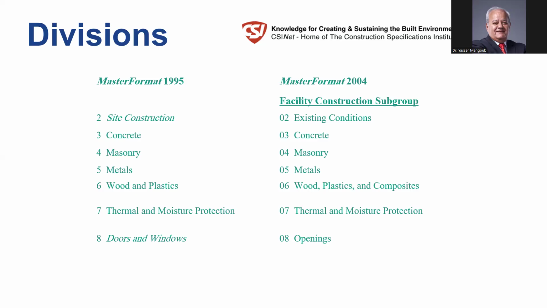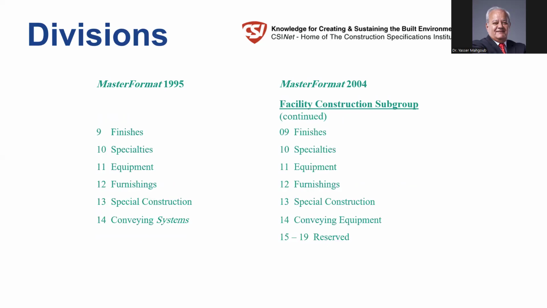Openings might not be doors and windows, might be other things. Wood and plastics became wood, plastics, and composites. So the specs are reflecting the development of the field, not as drawings, but as materials, construction systems, and applications. This is what the specifications reflect.